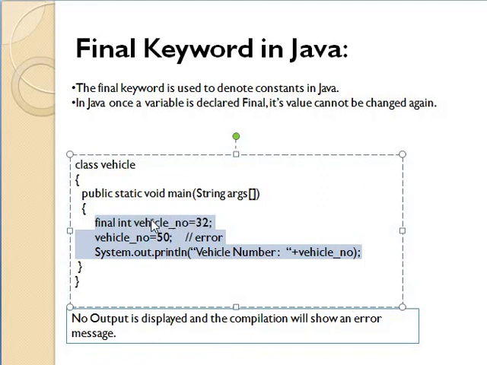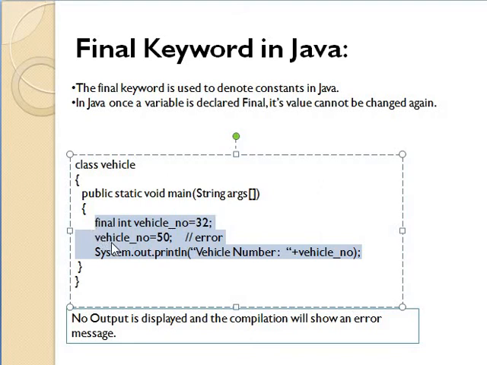Now in addition to that, this variable called vehicle no has also been declared as final, and that's why the value 32, which gets assigned to vehicle no, has now become a constant value. And once a constant value has been assigned to vehicle no, it cannot be changed again.